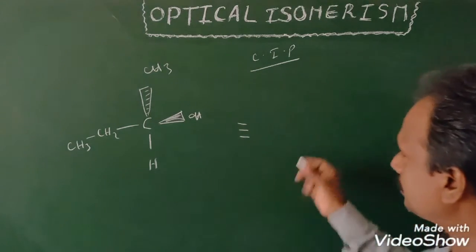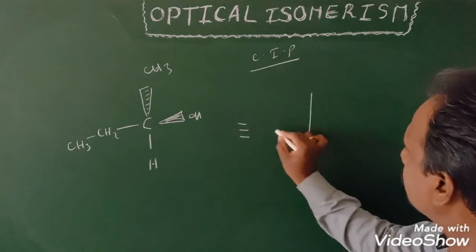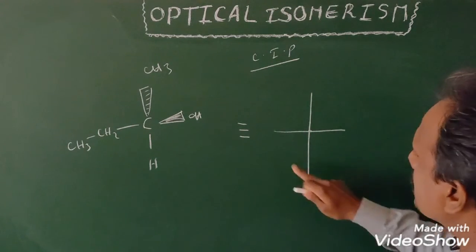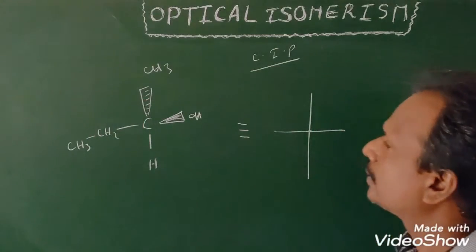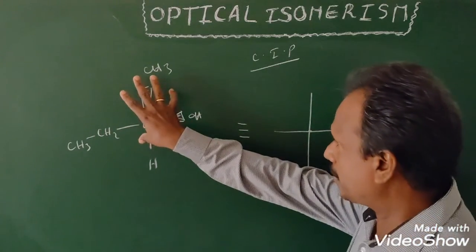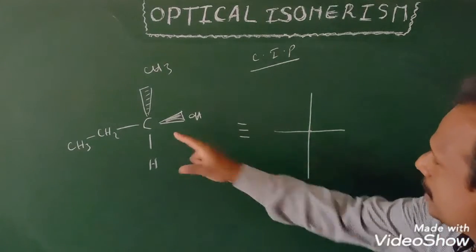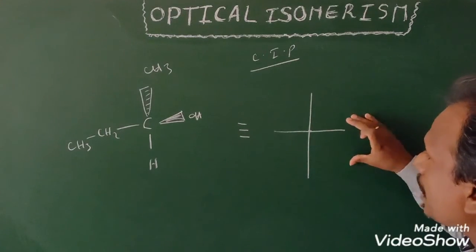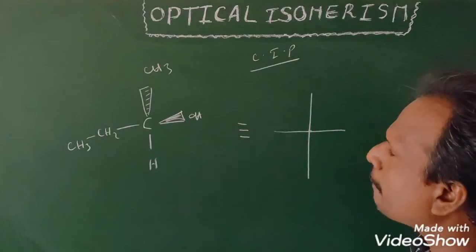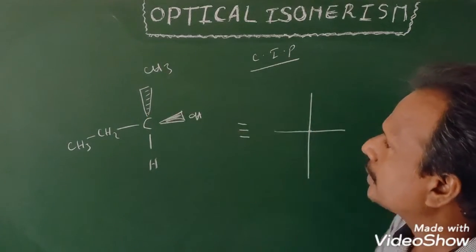In Fischer projection, this is the location of the chiral carbon, and these are the locations of the 4 groups. To change the wedge-dash projection to Fischer projection, there is a simple trick. Among these four groups, which group is below the plane? CH3. It is labeled as small a.